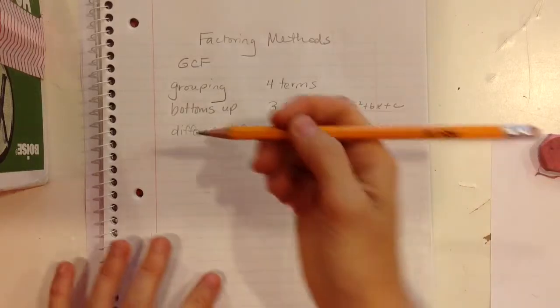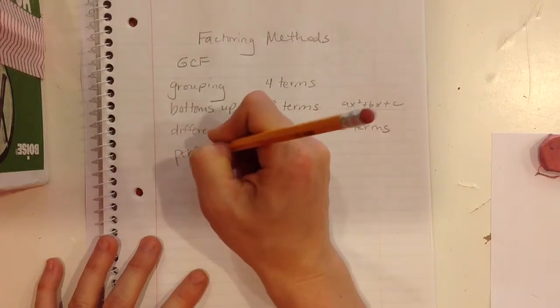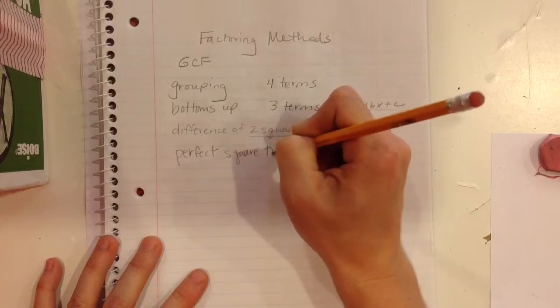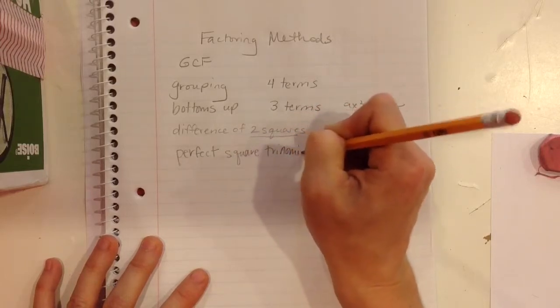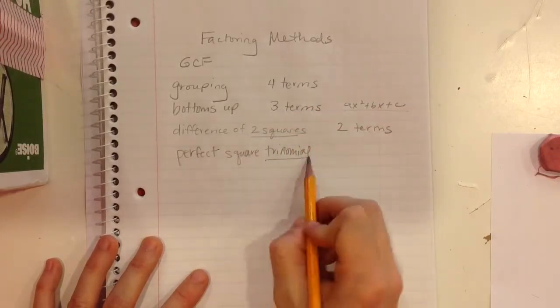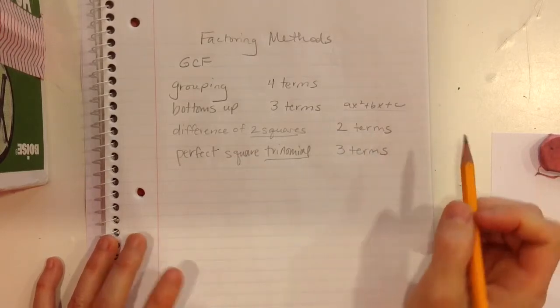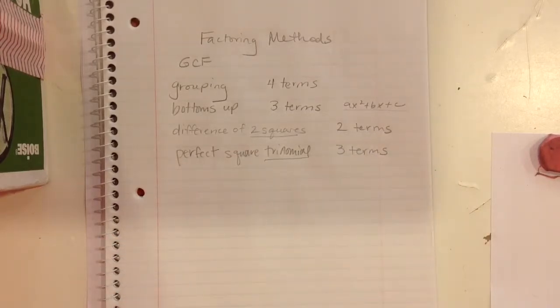And then the last one we talked about was the perfect square trinomial. And again, this gives away the answer. It has 3 terms in these problems, and you can take the square root of the first and the last. And it was a quick shortcut method for factoring trinomials that were perfect squares in the front and the back.